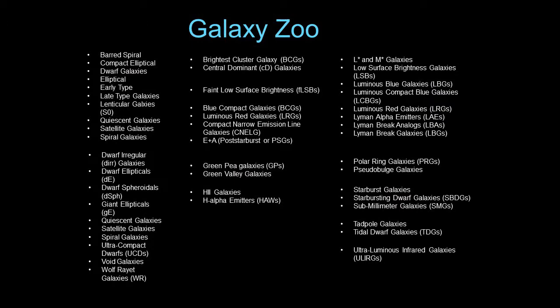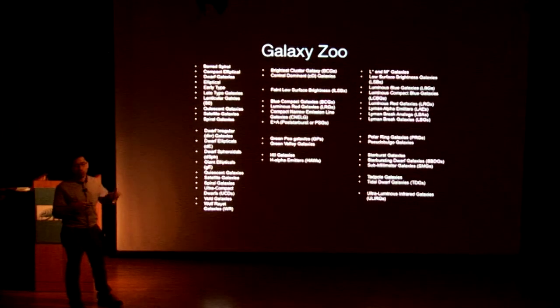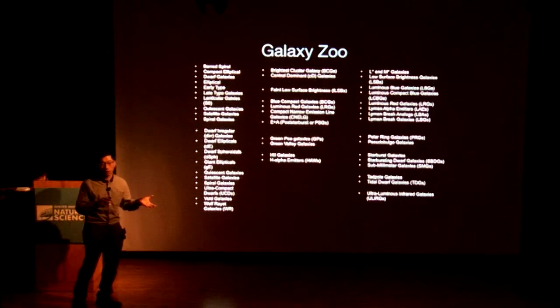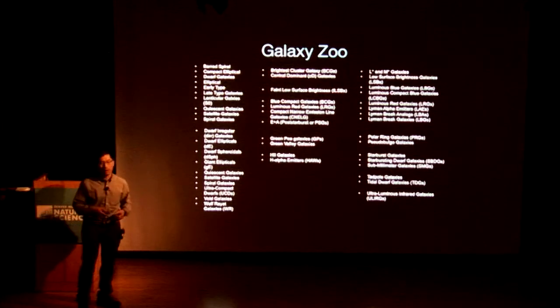And this brings me to this whole idea of a galaxy zoo. I'm not a galaxy astronomer. This is not something that I studied. But if you start looking at the literature, it turns out that there's a huge range of different names and acronyms that extragalactic astronomers who study other galaxies have come up with. Some of these might be familiar, like spiral galaxies, elliptical galaxies, dwarf galaxies, early type galaxies.